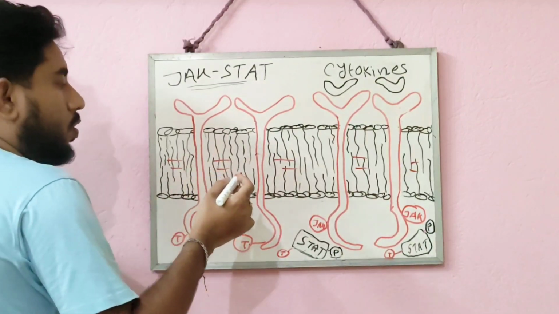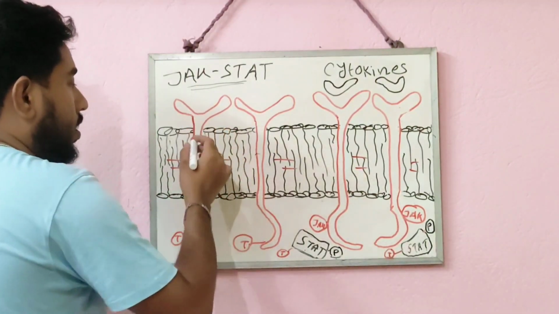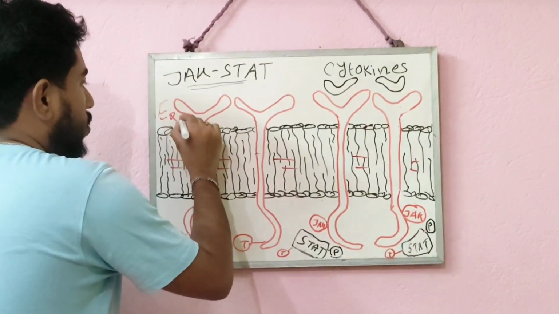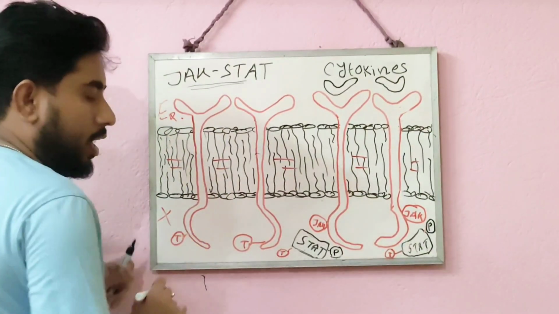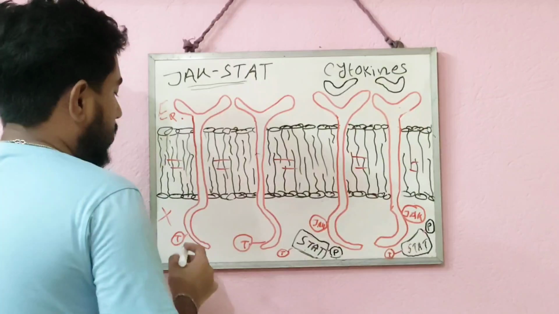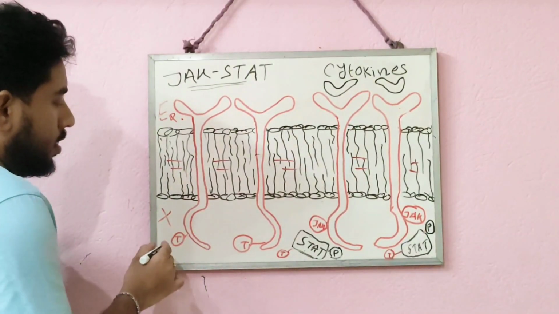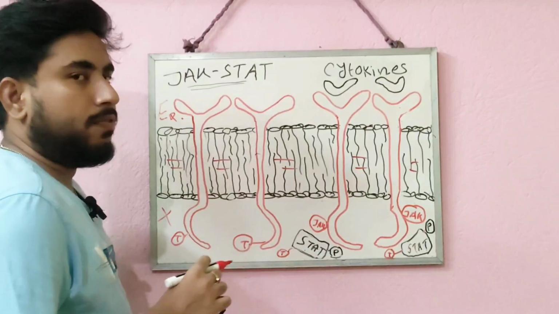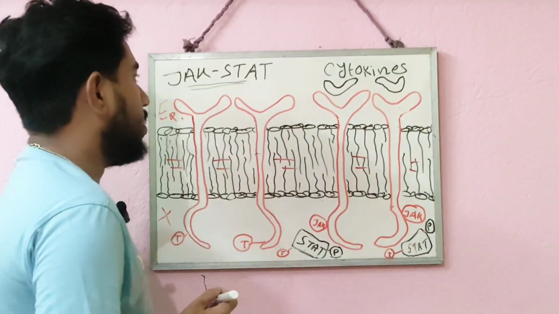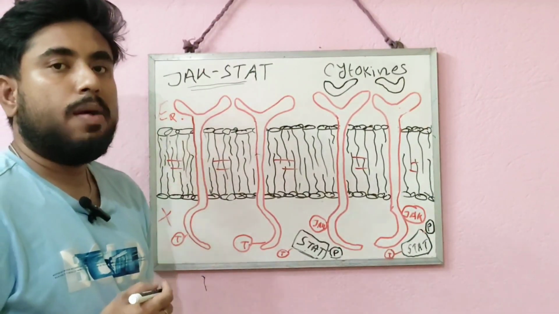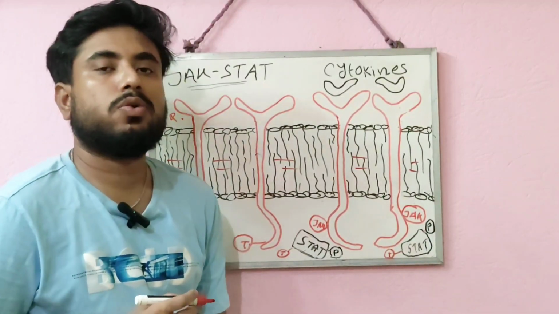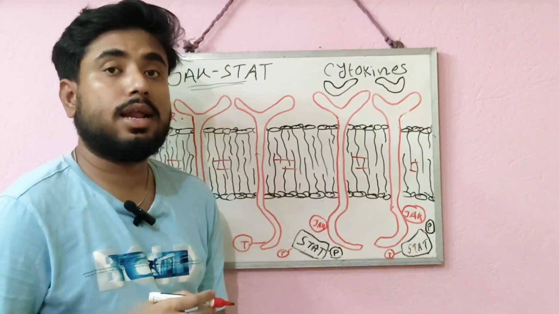There we saw two domains, but here there are generally external domains, and internally no intrinsic catalytic pathway or domain is there. That's why Jak-Stat is different from the enzyme linked receptor. In the enzyme linked receptor, they have an intrinsic catalytic domain. That's why it is also called a catalytic receptor.